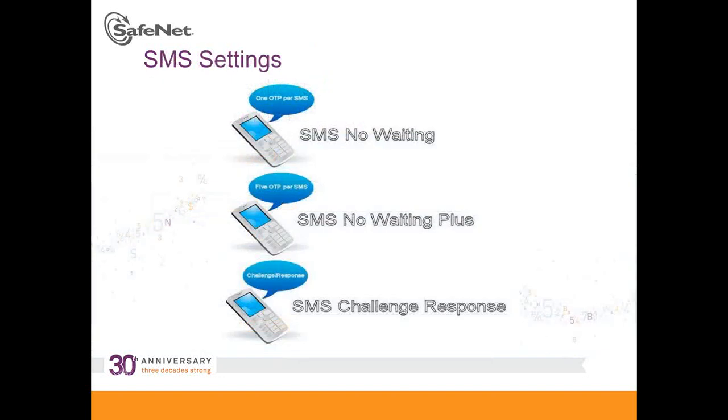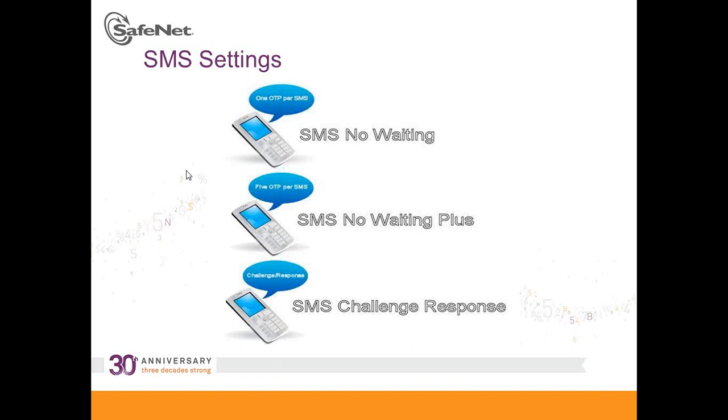When we talk about SMS on the system with SAS, we have three types of SMS settings. We have 1 OTP per SMS, we have 5 OTP per SMS, and we have SMS based on challenge and response.